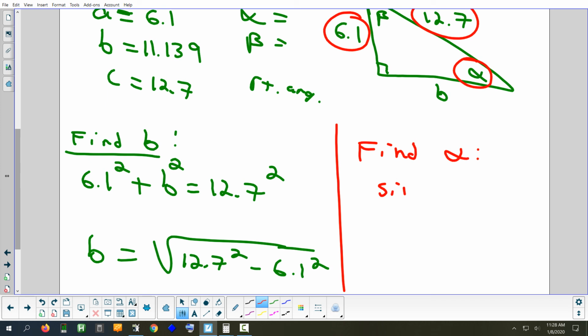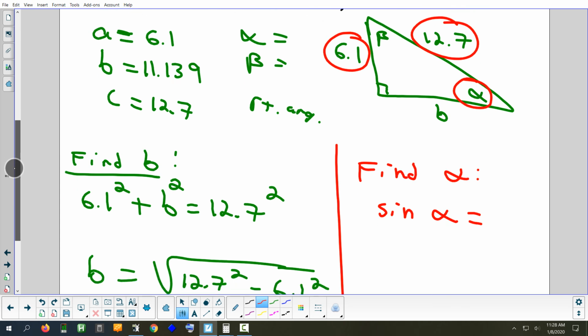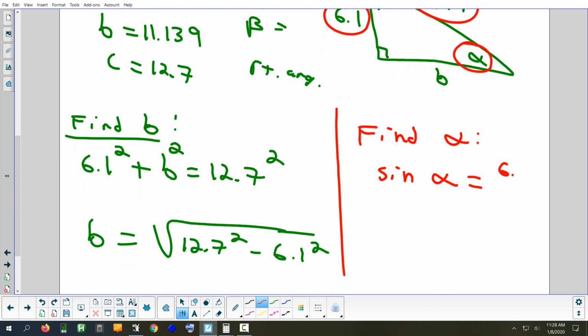So, sine of, now fill in your angle. We don't know the angle. It's alpha. Sine alpha equals opposite over hypotenuse, 6.1 over 12.7. What's different about that equation than the last 2 problems we did?